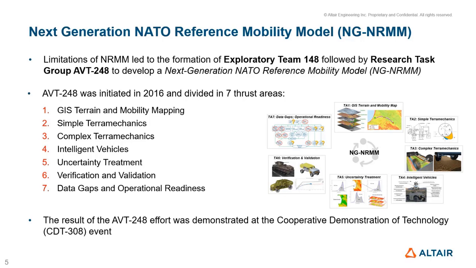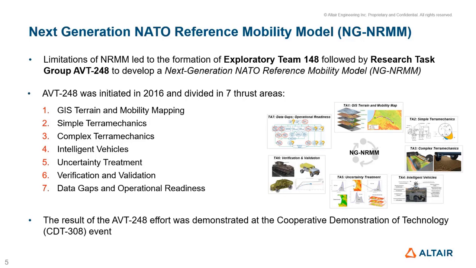Then they followed with the simple and complex aeromechanics. There was the intelligent vehicle area, uncertainty treatment on the soil data. Then the verification and validation of the vehicle and the performance of the solution on soft soil terrain and rigid terrain. Then there were the data gaps and the operational readiness. All these results were then exposed in the cooperative demonstration of technology, the CDT 308 event.